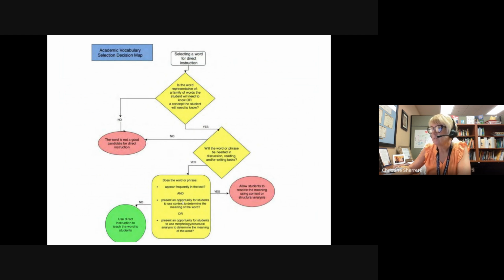If yes, does it appear in the text and present an opportunity for students to use the context? If it doesn't, then you need to do direct instruction. So some words we can teach in context in reading, others we can't. We need to be careful about what specific words we're teaching directly.